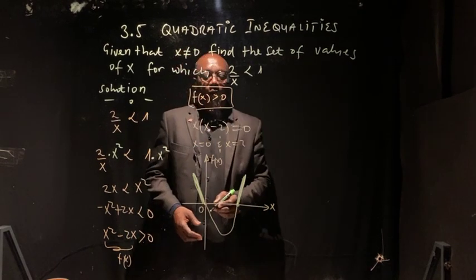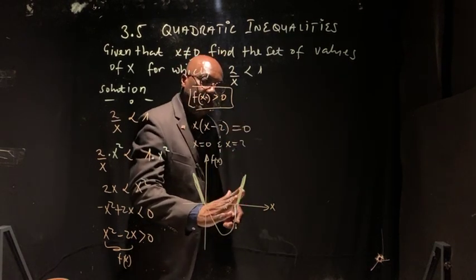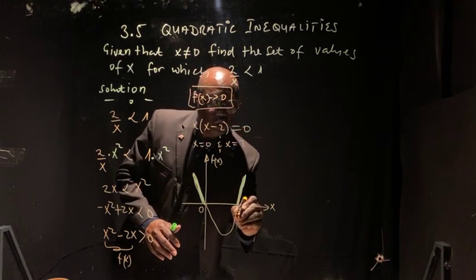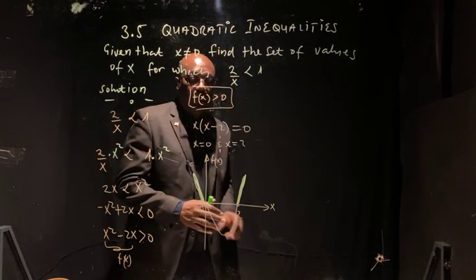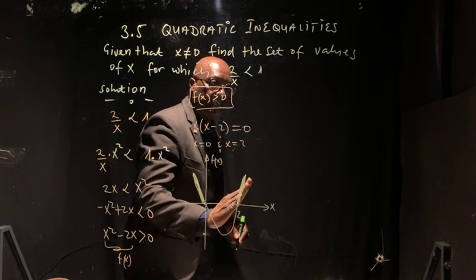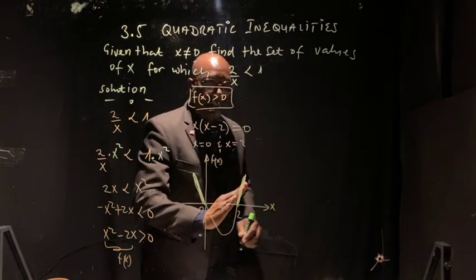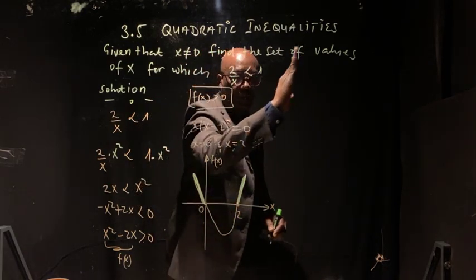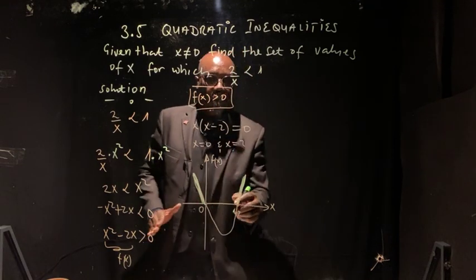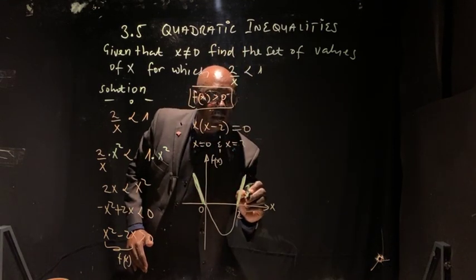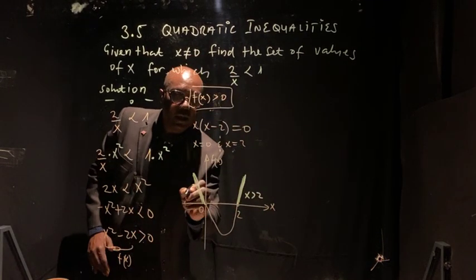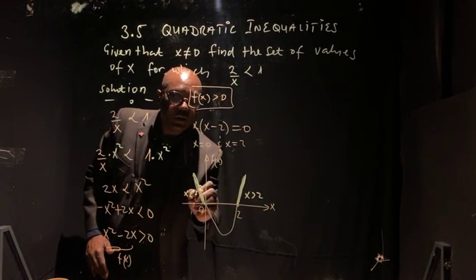What do you see? Here is 2. We see that x increases, x increases, x decreases. So here, x is greater than 2, and here, x is less than 0.